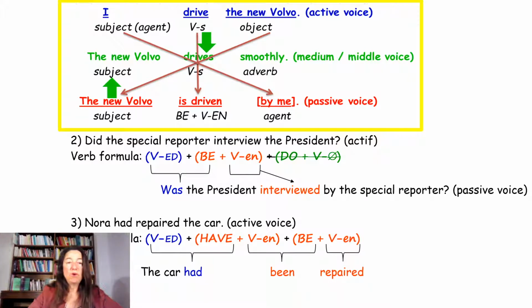And we can also add the agent and introduce it with the preposition by. The car had been repaired by Nora is the passive voice.